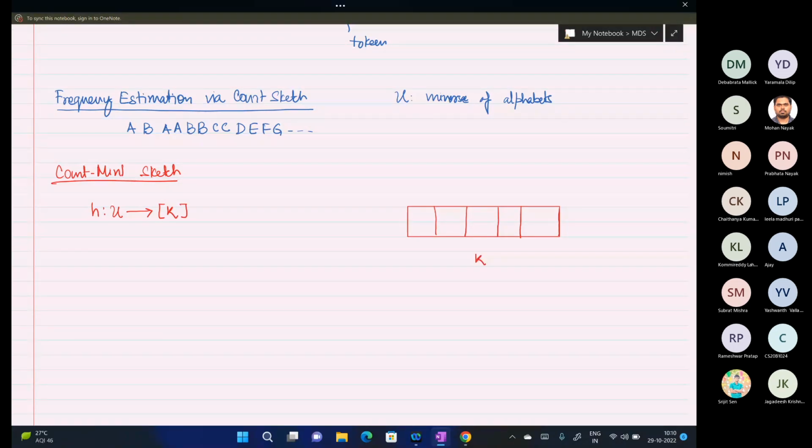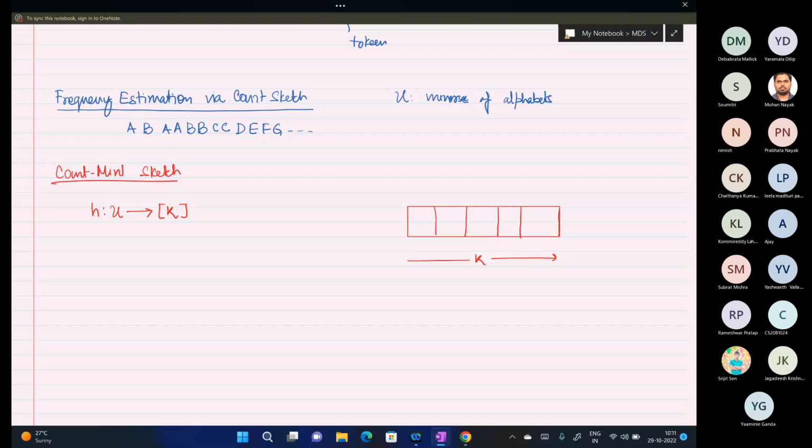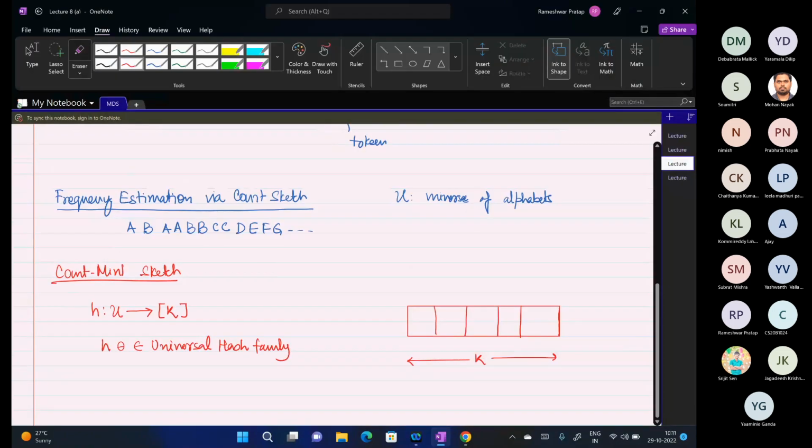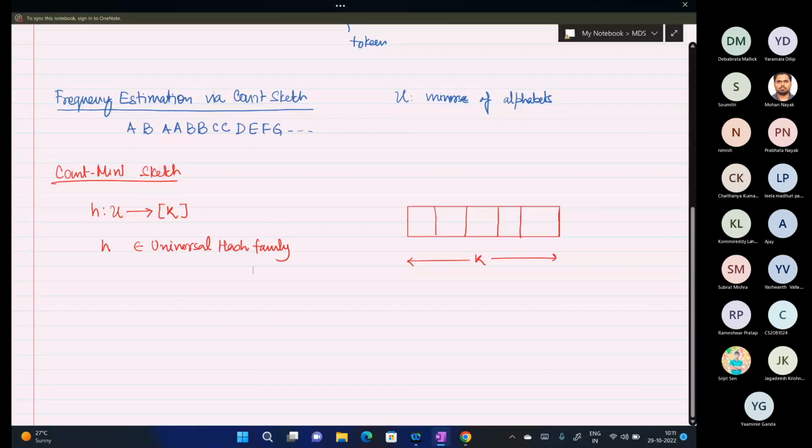Suppose the number of bins is k. So it maps each element of the universe to one of these k bins uniformly at random.